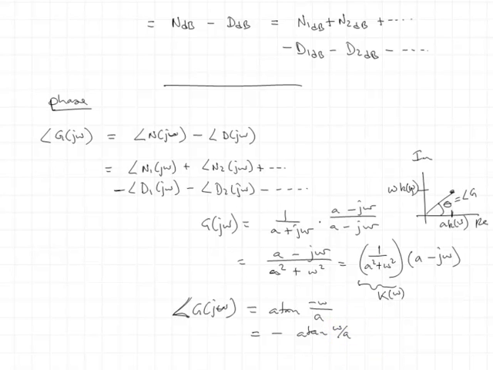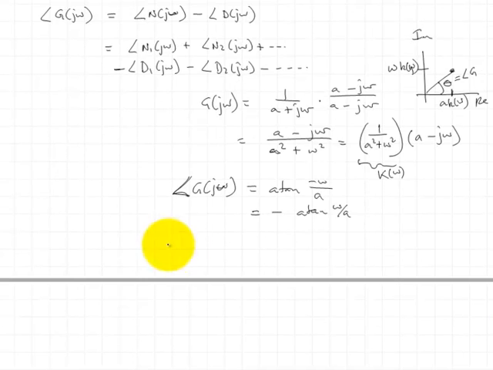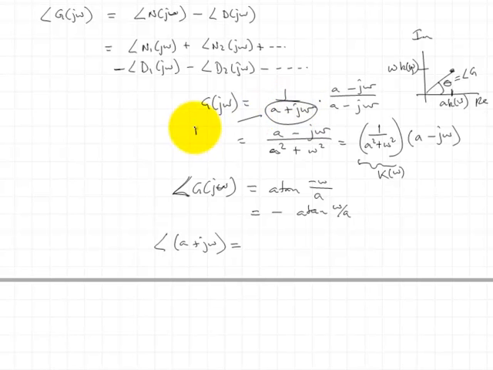Now, if I were to consider what is the angle of a plus j omega, right? Which is, remember from up here, that's my numerator. Okay, angle of n of j omega is the angle of a plus j omega. What is that? That is the arctan of the imaginary part divided by the real part.